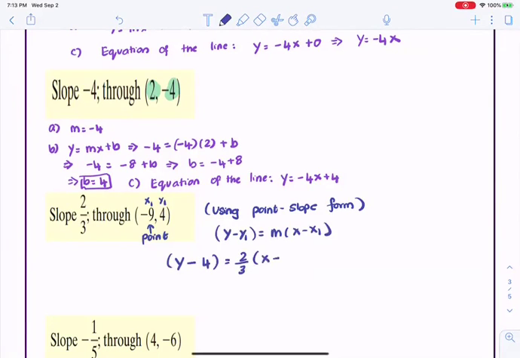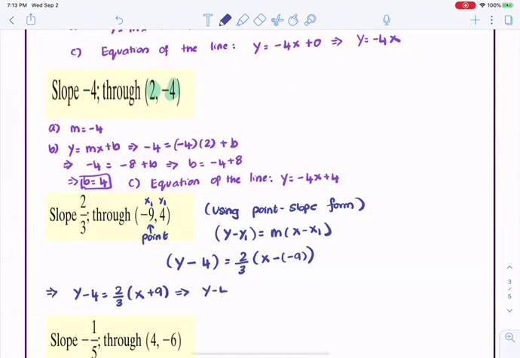X minus x1 is -9. It's always better to put negative numbers within parentheses. So y minus 4 would equal 2/3 times x minus of -9 is +9.